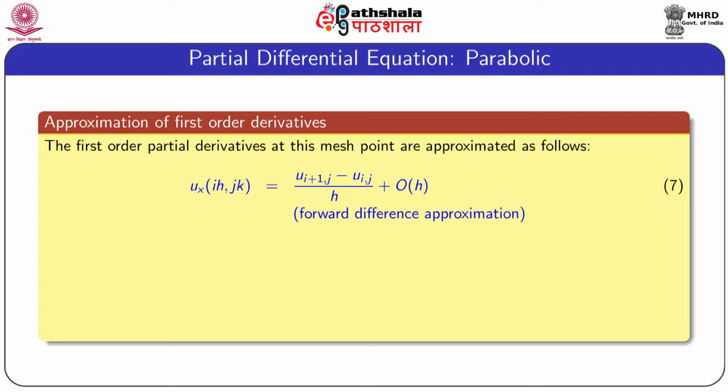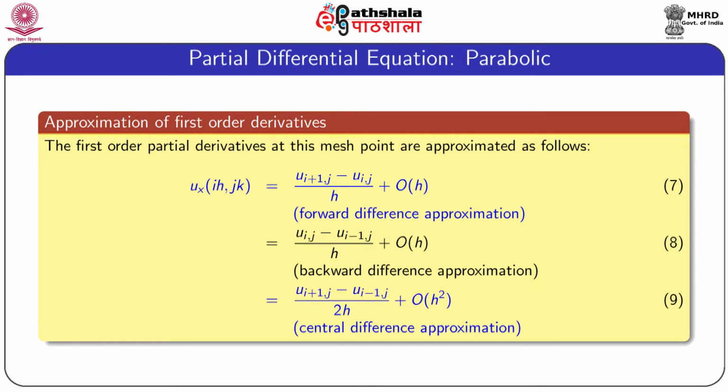Note that the second subscript of u, j, remains unchanged, and the first subscript is changed because the partial derivative is taken with respect to x, that means with respect to the first variable. For this reason, the first subscript is changed and the second subscript remains unchanged. This is the backward difference approximation of del u del x. The last representation is nothing but the central difference approximation of del u del x. In this approximation, the order of the error term is h square.